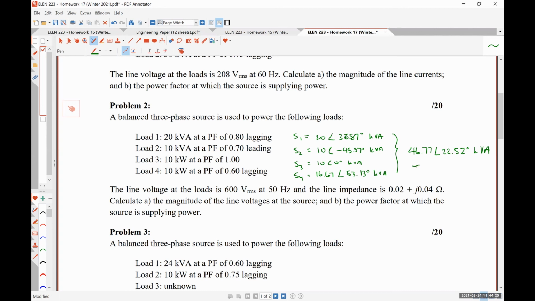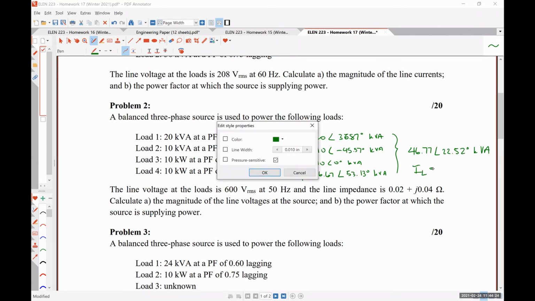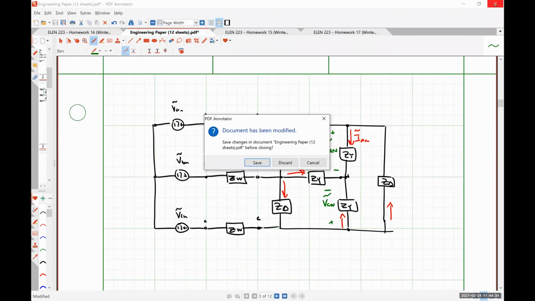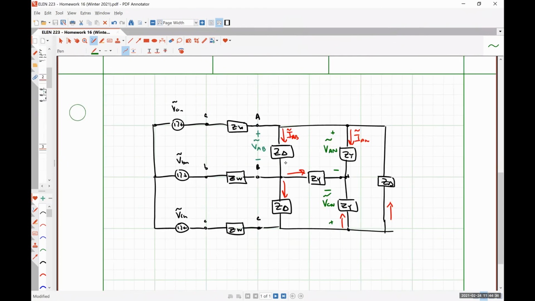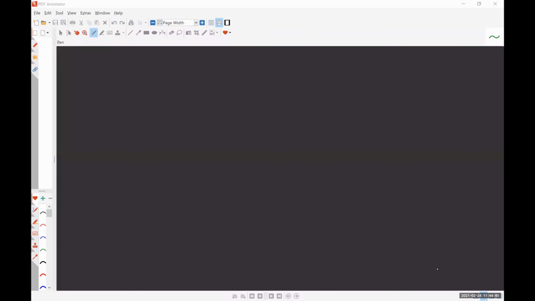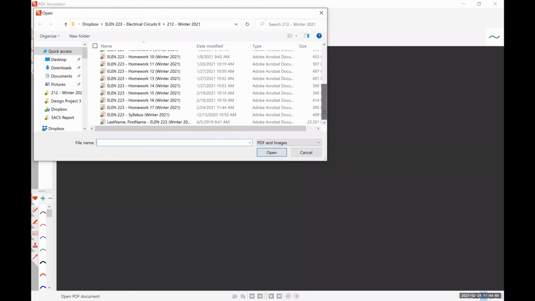So the magnitude of our line current is just going to be, sorry, this is going to start driving me nuts. Let me save this and close this down.